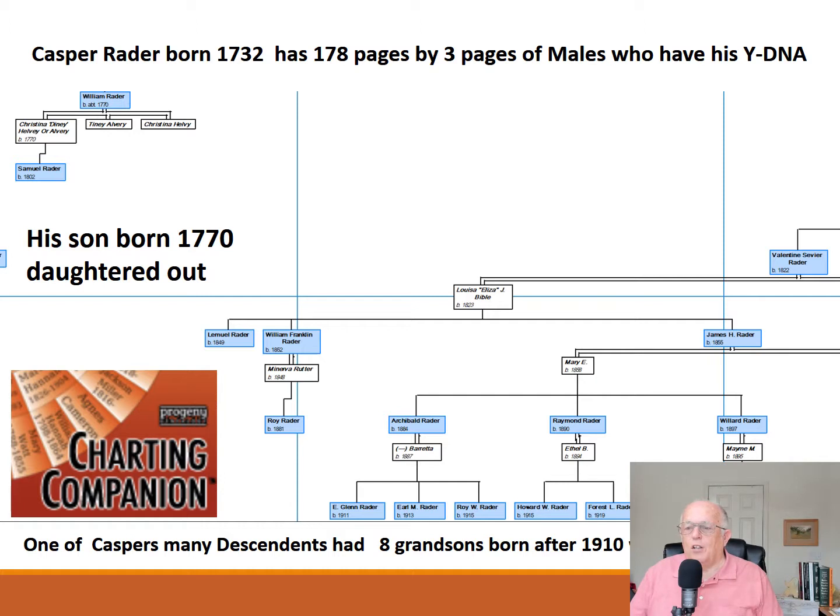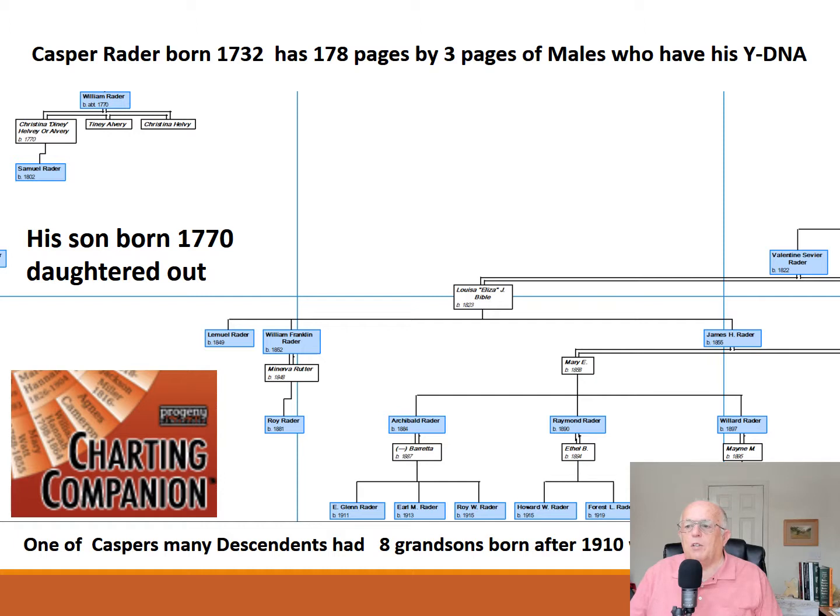This is a partial descendant chart, showing the descendants of a person named Caspar Raeder, who was born in 1732. In the upper left-hand corner, you'll see that a William Raeder is dotted out. He had a son, Samuel, who did not have any sons.